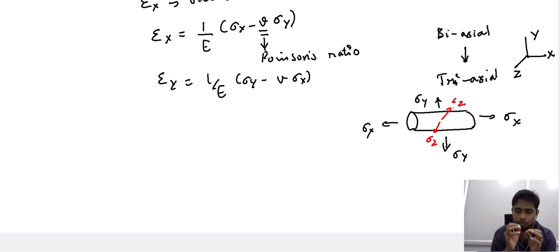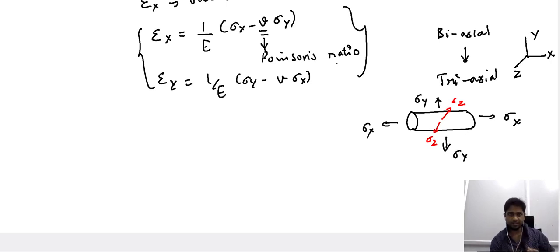Now we want to arrive at response expressions similar to those for the biaxial loading condition, where we have the response offered by the material along a specific direction. So let us see what would be the response offered by the material in a given direction when we expose the material to triaxial tensile loading. The discussion that proceeded for the biaxial loading condition will be extended to the triaxial loading condition.